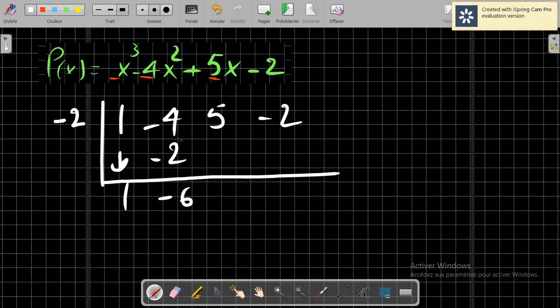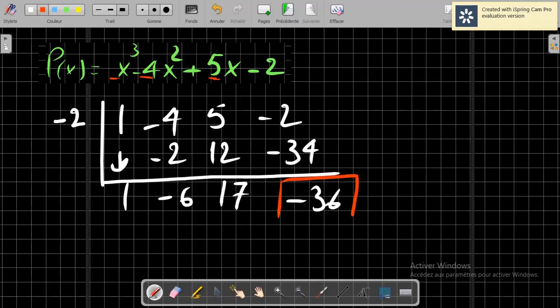Negative 6 times negative 2 is equal to 12. 12 added to 5 is equal to 17. 17 times negative 2 is equal to negative 34, and negative 34 plus negative 2 is equal to negative 36. You can see that this value here is not equal to 0. So I can say that x is equal to negative 2 is not a root of p(x).